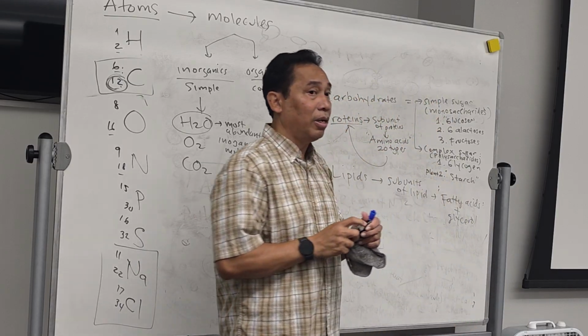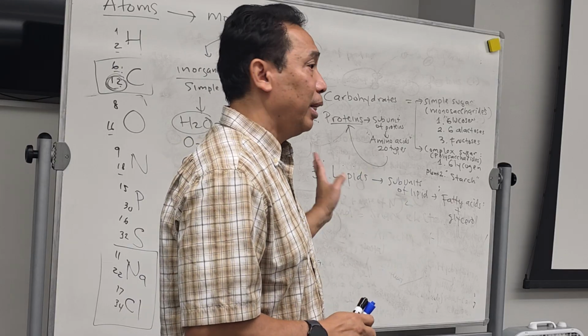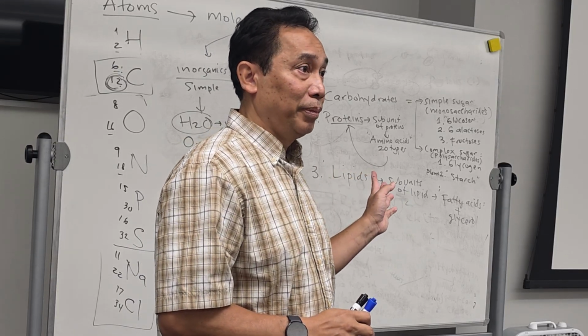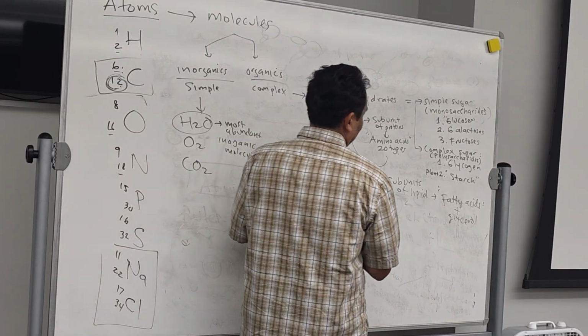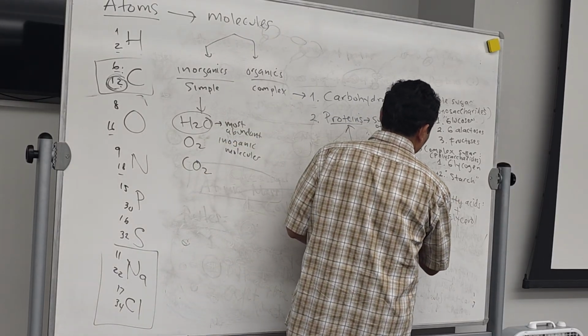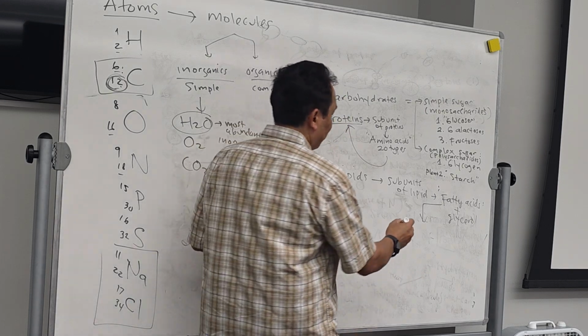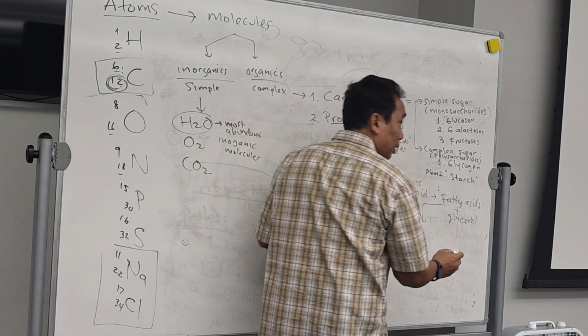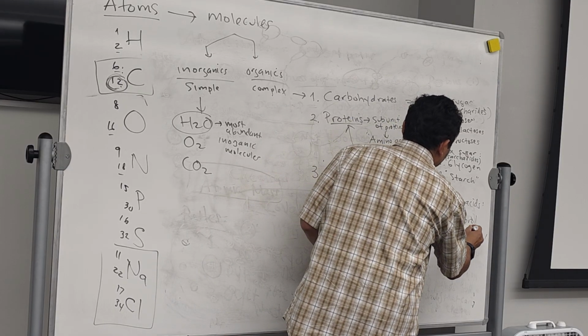There is glycerol and fatty acids, and they combine to create the lipids. Okay, and there are two types of fatty acids that cause the lipid to behave differently. Okay, the first one is called saturated fatty acid.